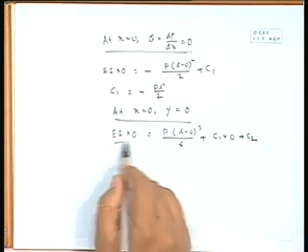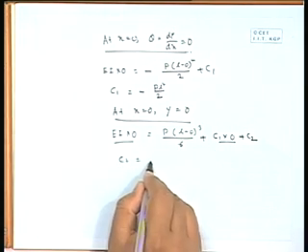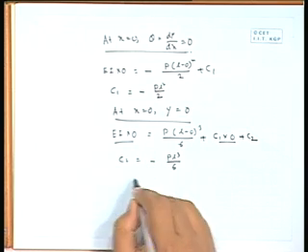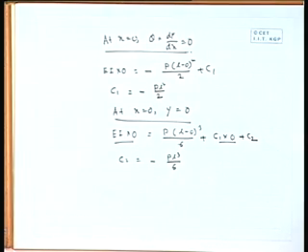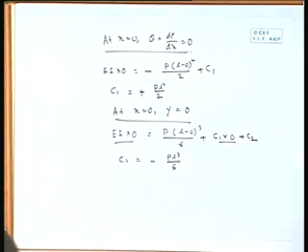So, these two terms are now 0. So, C2 will be minus P L cube divided by 6. C1 will be positive because this is a minus sign, it will be plus. C2 will be negative. Right.